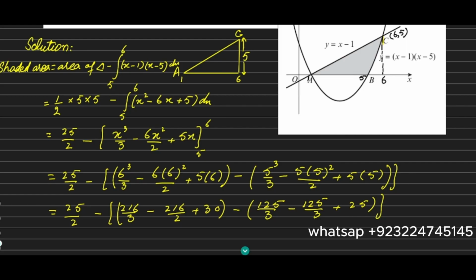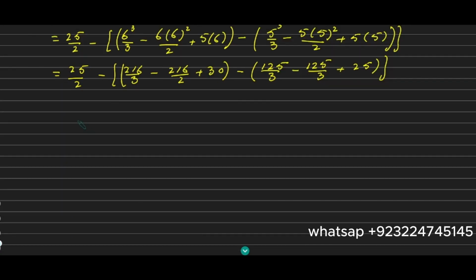Now we simplify it. We get 25 by 2 minus, we now take the LCM to find the values. The LCM is 6, so 2 multiplied by 216 we get 432, minus 3 multiplied by 216 we get 648, plus 30 multiplied by 6 we get 180.